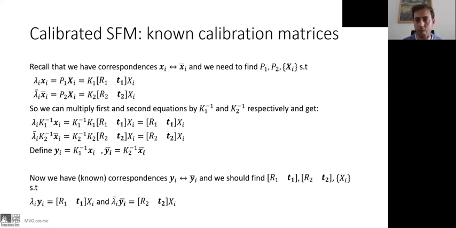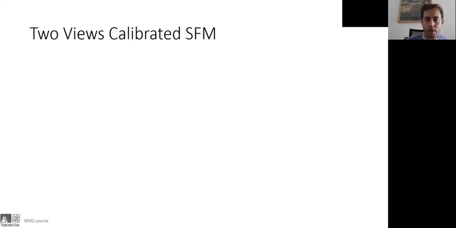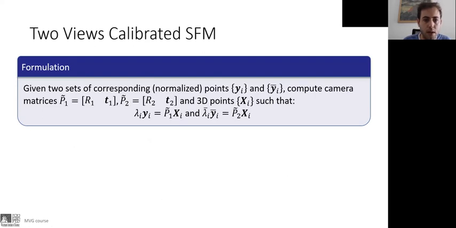So we actually got a new problem, which is called the two-view calibrated structure from motion, where we're given two sets of corresponding normalized points, yi and yi bar, and we need to compute camera matrices, which here we denote by P1 tilde and P2 tilde, and 3D points, such that P1 tilde multiplied by capital Xi is yi up to scale, and P2 tilde multiplied by capital Xi is yi bar up to scale.